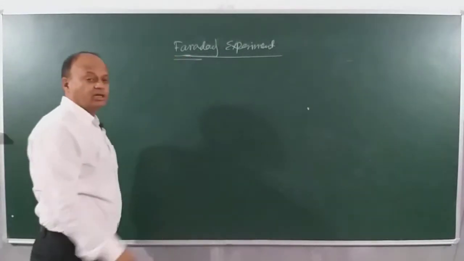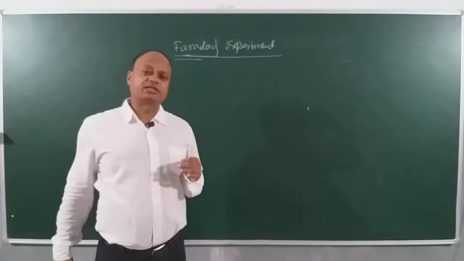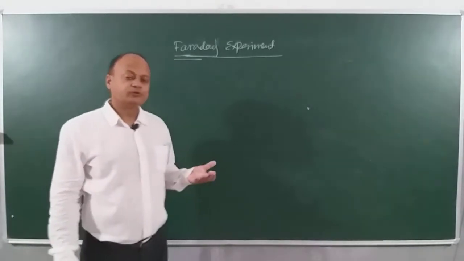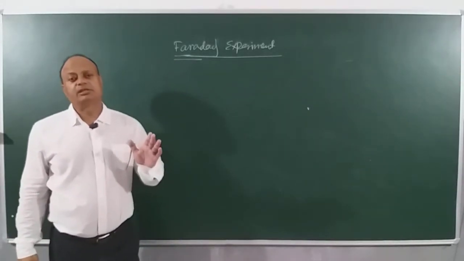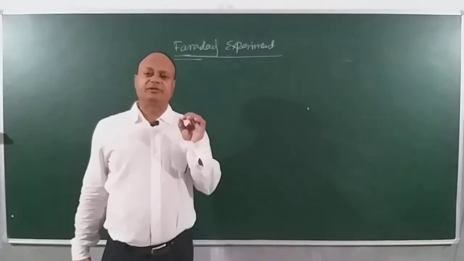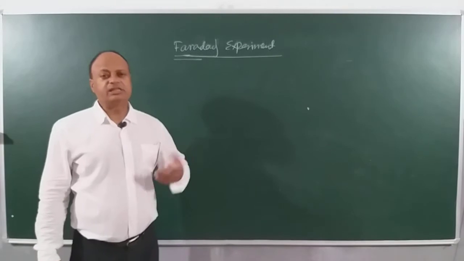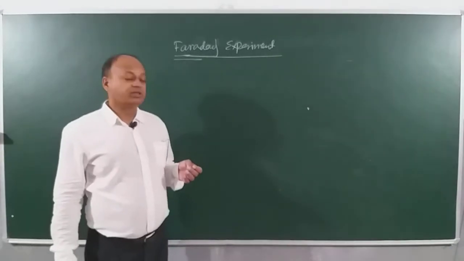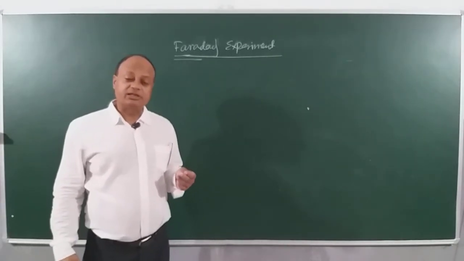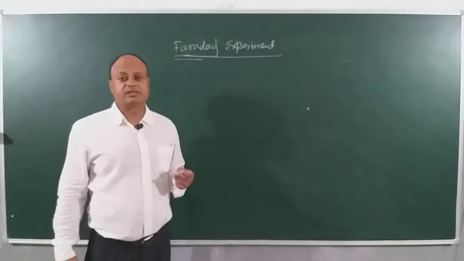Now children, we are going to discuss Faraday's experiment. Like I said in the beginning, when a current carrying conductor is placed in a magnetic field, it experiences a magnetic force. Now the scientists were concerned whether this effect can be reversed.